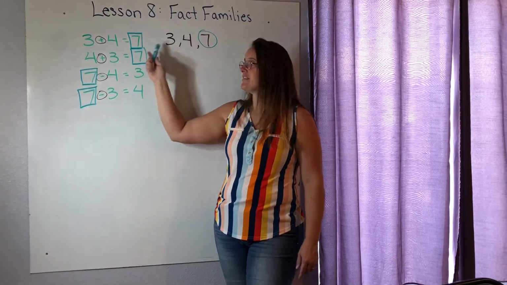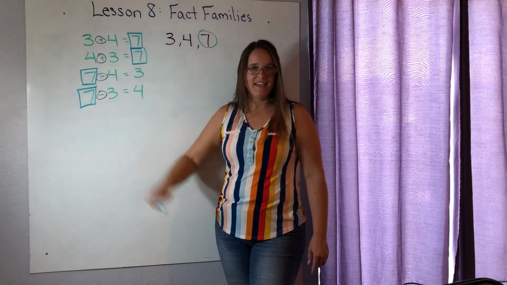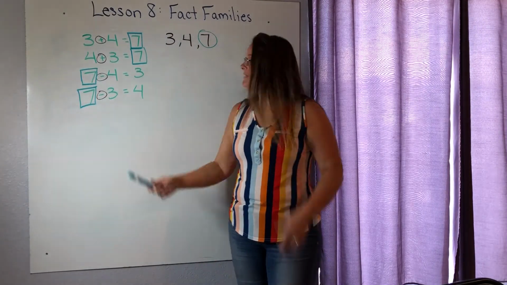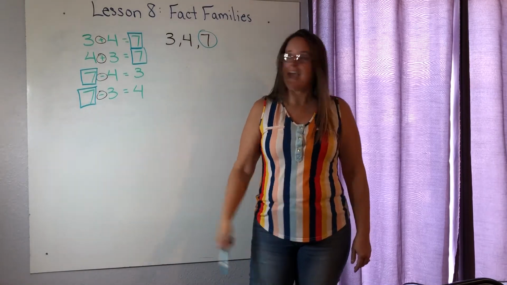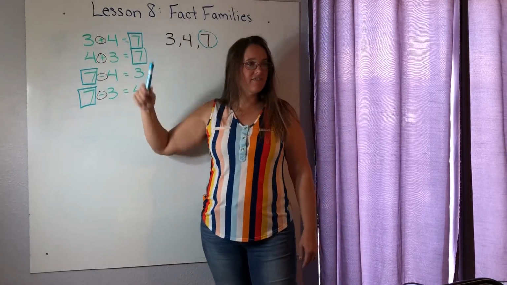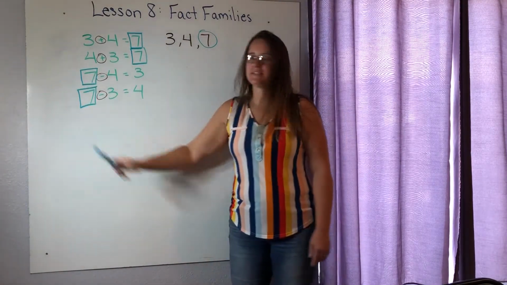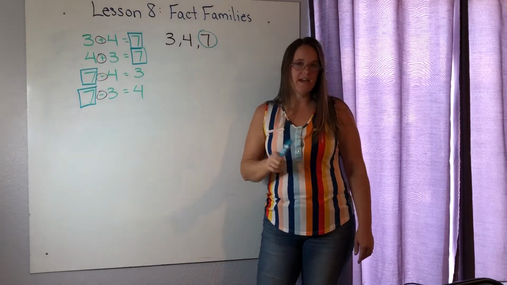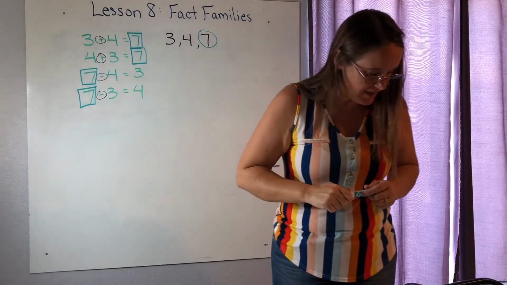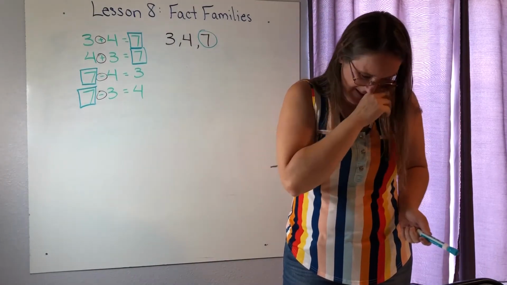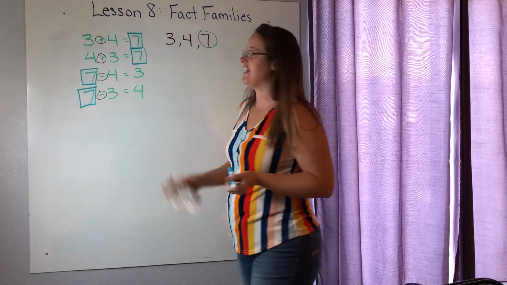The biggest number either goes on the end if it's an addition problem, or at the beginning if it's a subtraction problem. Because you can't do 4 minus 7. It doesn't work. And we can't make 3 plus 7 be equal to 4. So the biggest number has a specific place to go, which will help us when we use fact families to solve some problems.